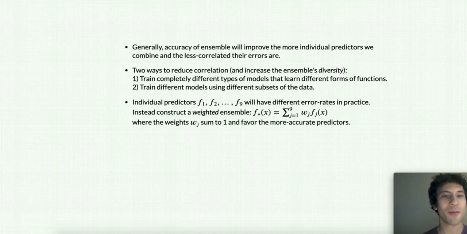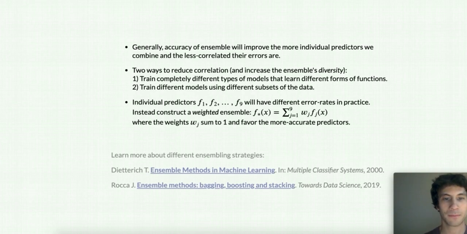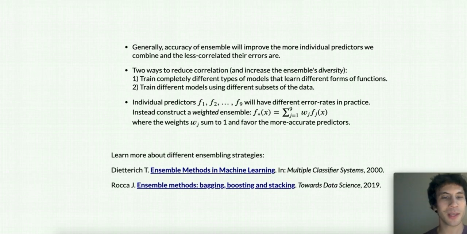In this case, we probably prefer to construct a weighted ensemble rather than just assigning all models equal weight. Here, we take a weighted average of the individual models' predictions where the weights sum to 1 and tend to favor the more accurate predictors. To learn about more ensembling strategies, we recommend you check out these 2 resources.